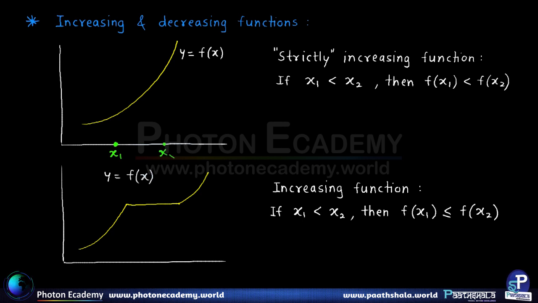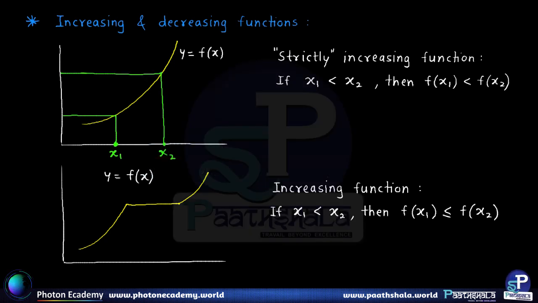If that is the case, then we should have f of x1, this particular value, to be less than f of x2, this particular value. So you take any pair of x1 and x2 where x1 is less than x2, then the corresponding function values should also have the same order relation. Alright, that is called a strictly increasing function.